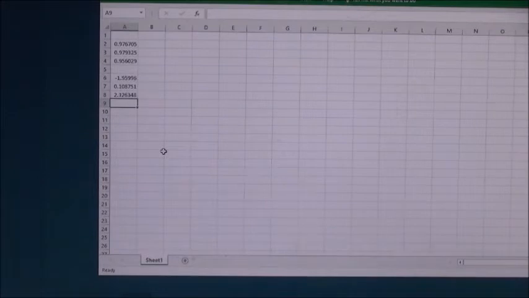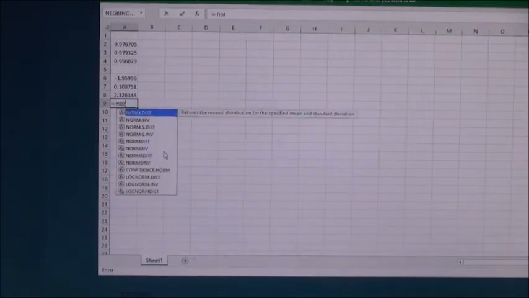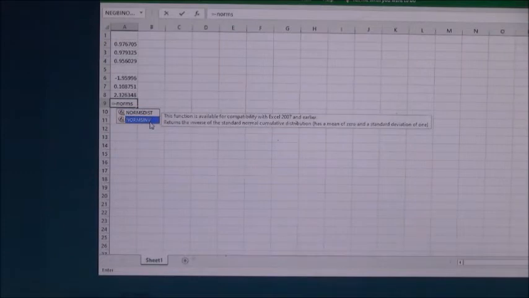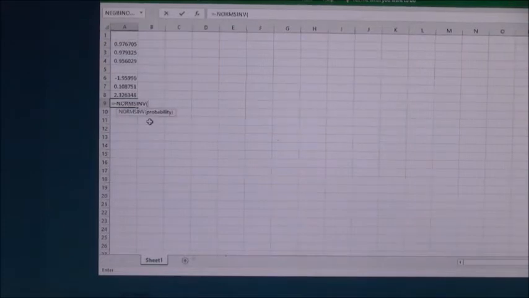I could have also done the equals negative NORMSINV. Grab that one. And I could have done it with the 1% that I was checking. That's going to give me the negative value. So if I put 0.01, close my parenthesis, and I enter, and that gives me, because I put the negative in front, the same answer there.